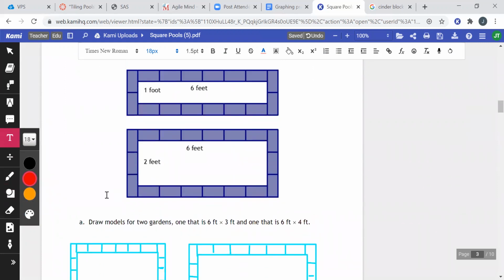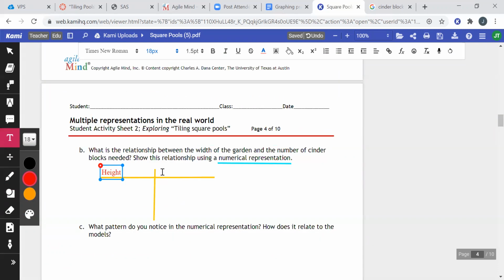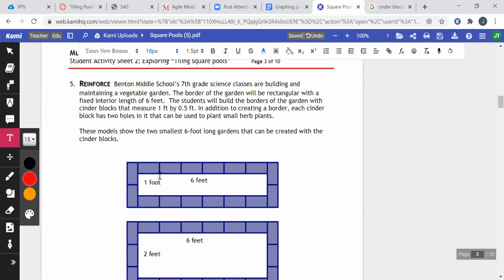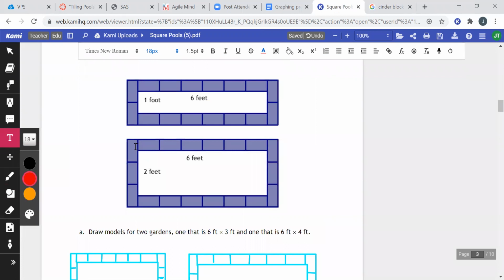1 foot, 2 foot, 3 feet, 4 feet. And number of blocks, all right? Okay, so when the height was 1, this up here, we have a total of 16 blocks. When the height was 2, we have 1, 2, 3, 4, 5, 6, 7, 8, 9, and 9 on the other half.